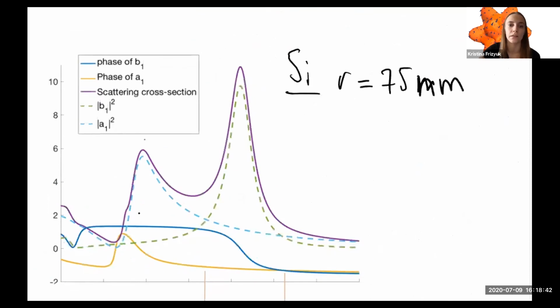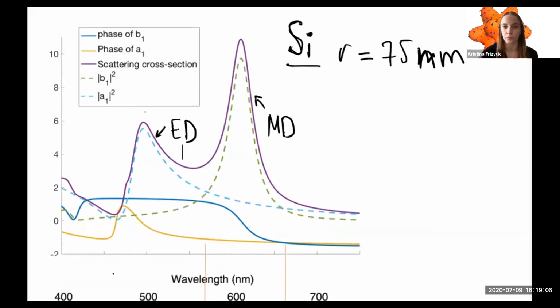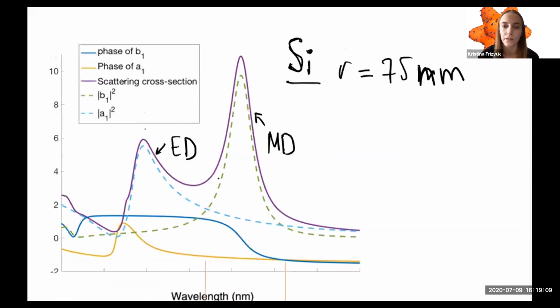So, okay, let us look at the scattering by a silicon sphere. Here we have the magnetic dipole resonance, the electric dipole resonance, and all the other multipoles are absorbed here, so we don't see the quadrupole properly and so on. The green line is just the square of the absolute value of the coefficient, and the same for this blue dashed line.